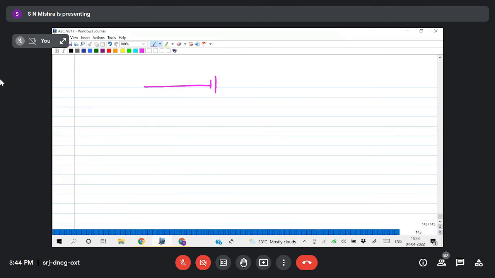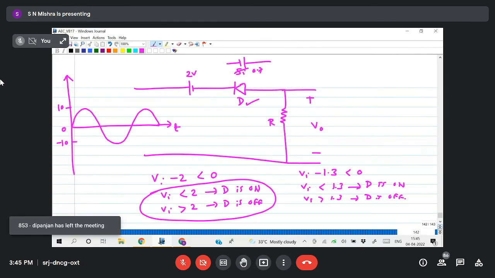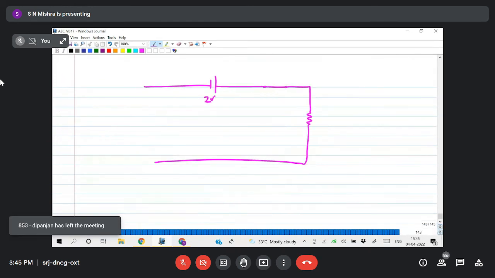Negative, positive, 2 volt remains the same, then the diode is short, then the resistor. So 2 volt is positive to negative.